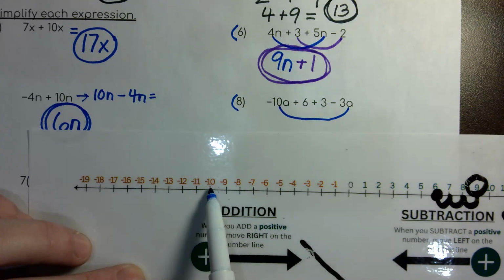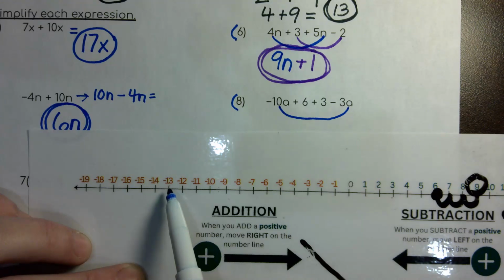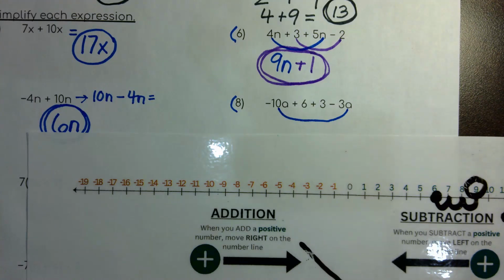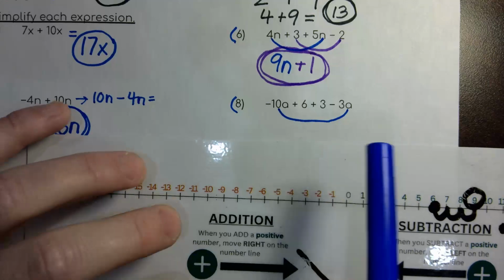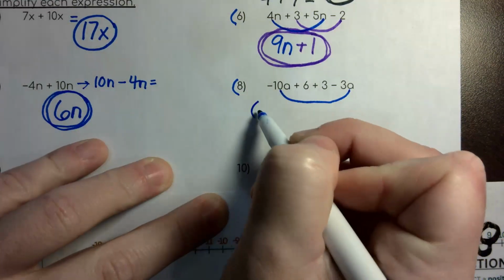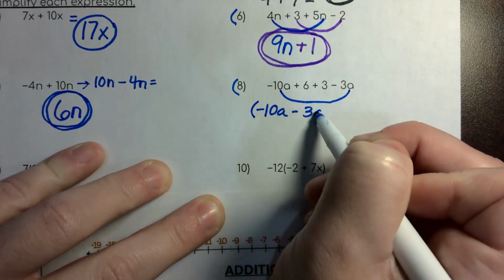So we would start at negative 10 and go back 1, 2, 3 to negative 13. Does that make sense to everybody? If not, tell me. We can talk about it more. Negative 10a minus 3a. So if you want to write out your steps, you could write out negative 10a minus 3a.